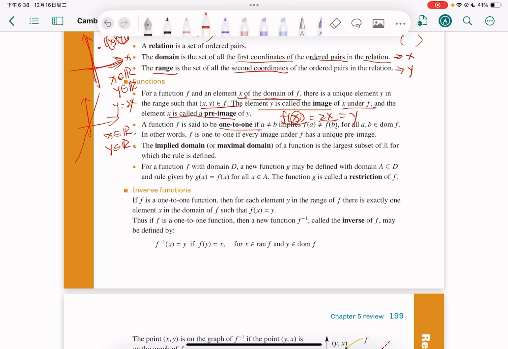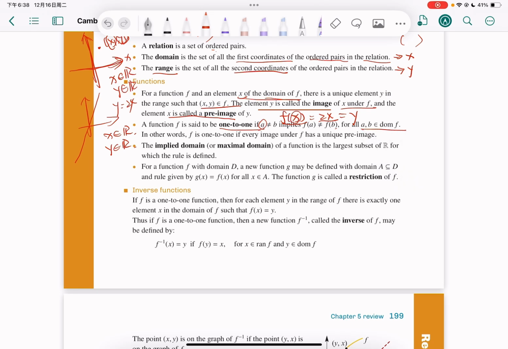If we take x to be a, then the image, when we put in a, must be different from f(b), for all a and b belonging to the domain of f.